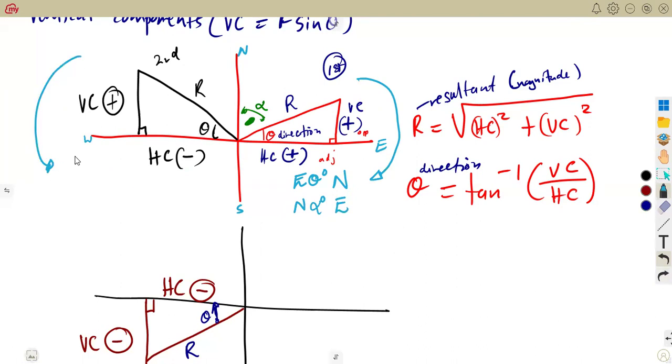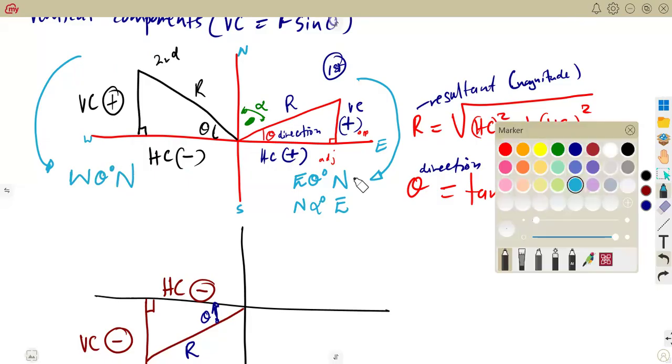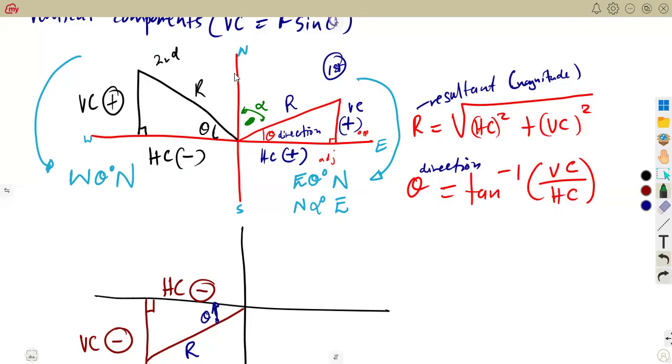If you are working from the second quadrant, guys, as part of your direction, this is where we have our theta here. So we are moving from the west going to the north. So it is west theta degrees to the north. Or the opposite: you can have it from the north going to the west. But in that case, you must use this angle in between. Let's call this one alpha.